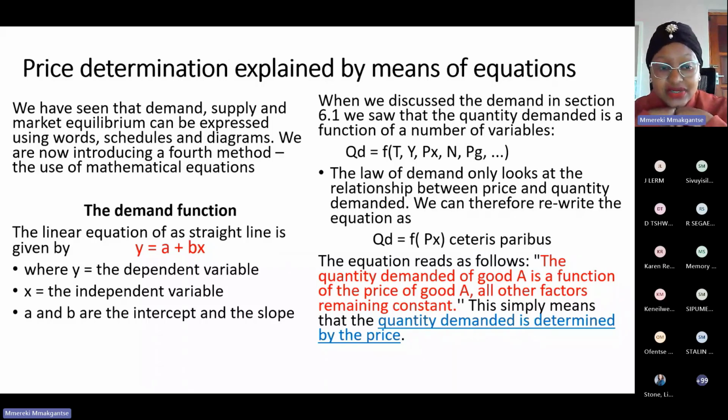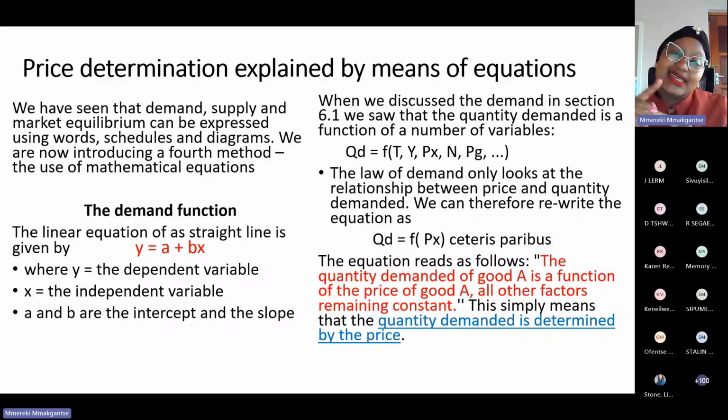A linear equation is a straight line given by y equals a plus bx, where y is the dependent variable, x is the independent variable. So x doesn't change. If you are young, you are dependent on your parent, so your financial situation changes based on your parent.